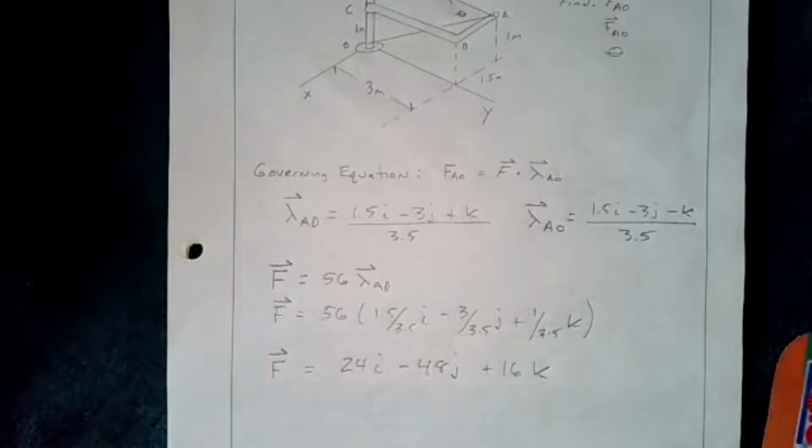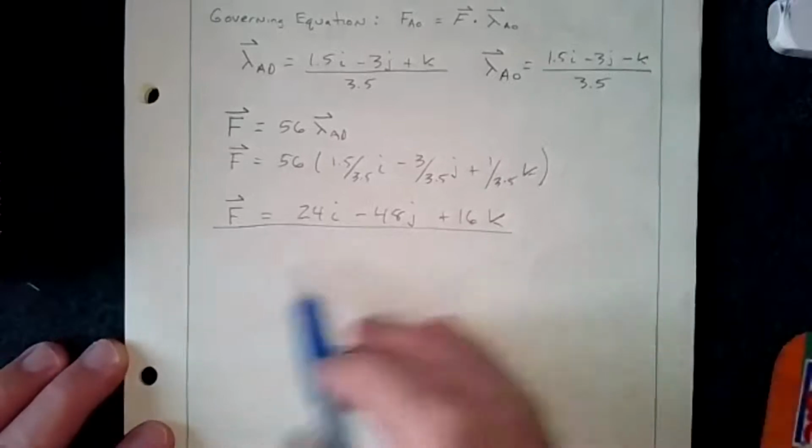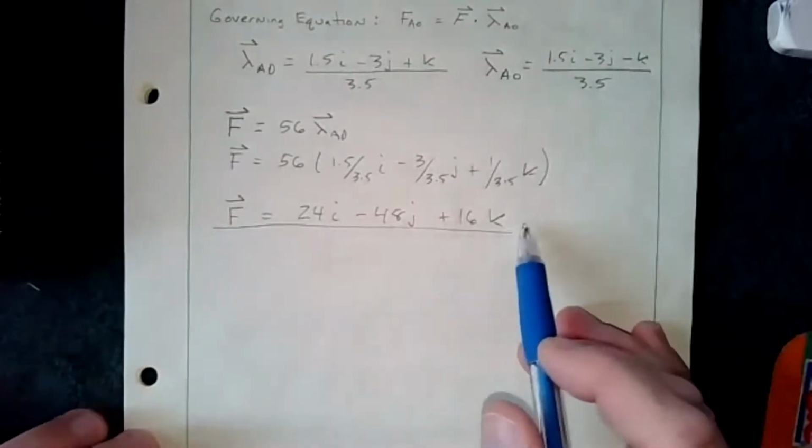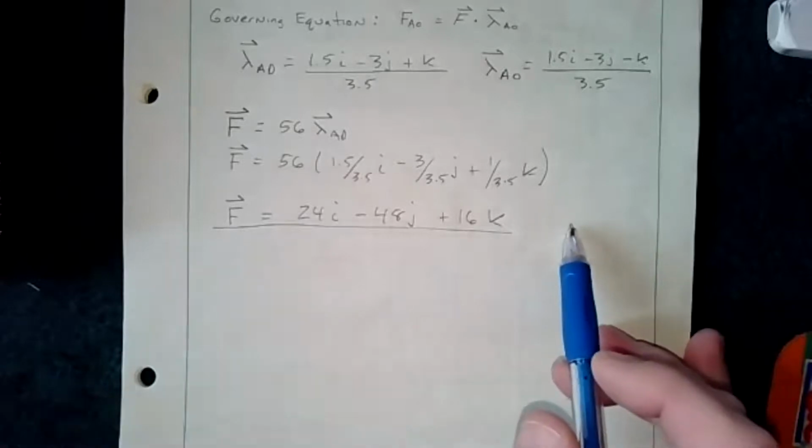Now what we're going to try to do is figure out what the projection is on AO. So we have F, we needed that because recall in the last problem we were given that. First we had to find F in order to do the dot product of it.